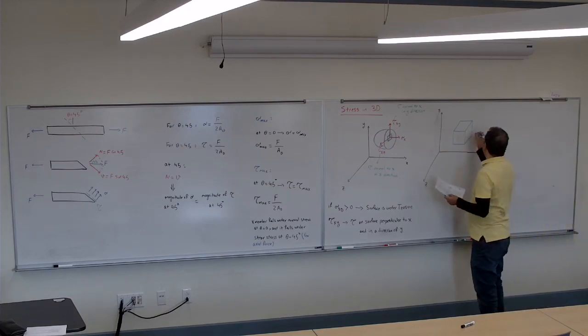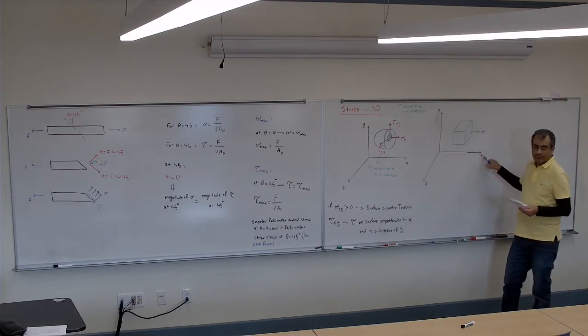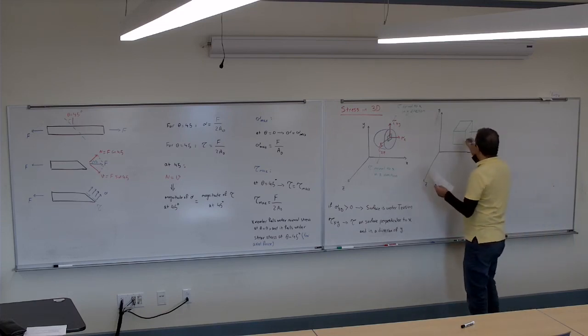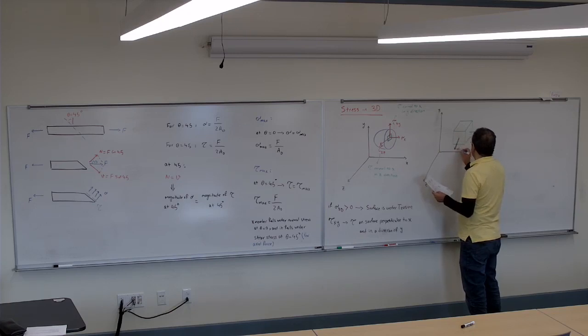So if I have it here, that's the normal stress, and it is sigma in the direction of x. So it's sigma x, I will get the normal in the direction of z, and the normal in the direction of y.